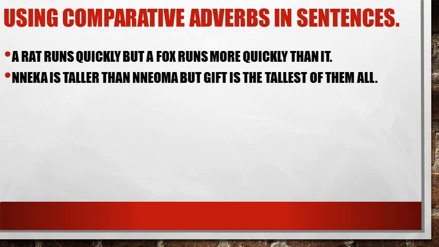When we use this one, we are trying to compare the features of a noun. Do you understand? Comparing the features. When I talk about the features, I'm talking about the things a noun possesses.